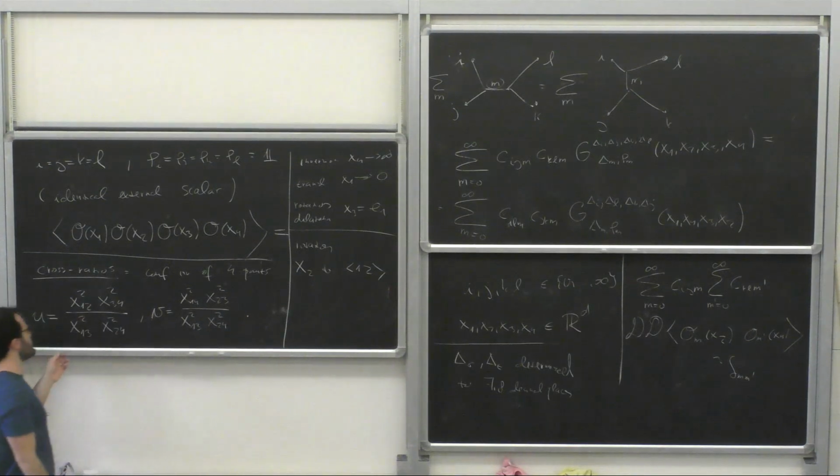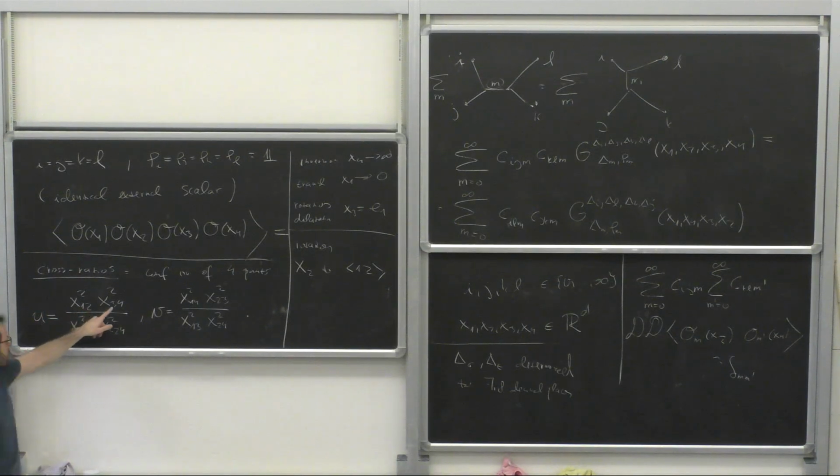Okay, so you see that they are obviously invariant under translations because they just depend on differences of points. They are also obviously invariant under scaling because every point appears with the same weight.